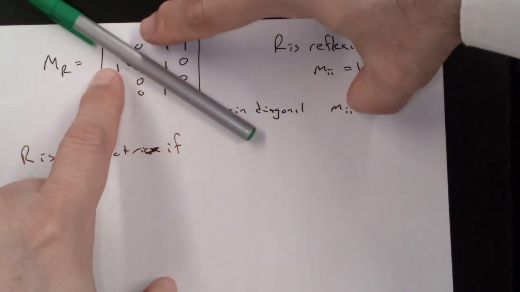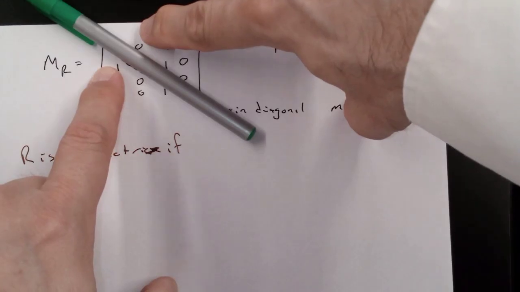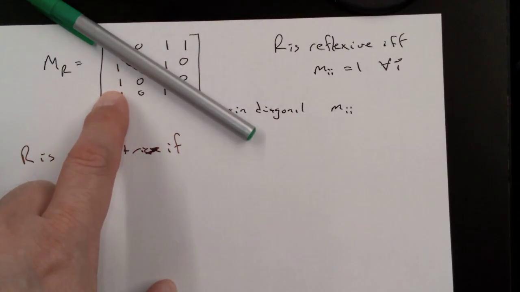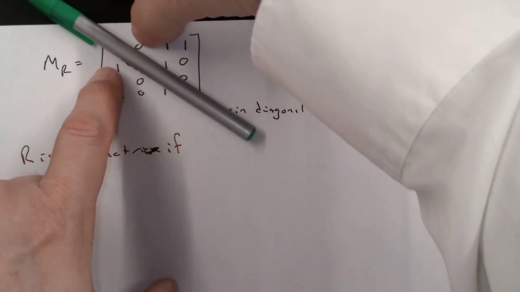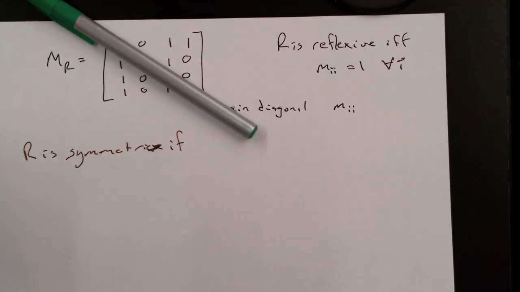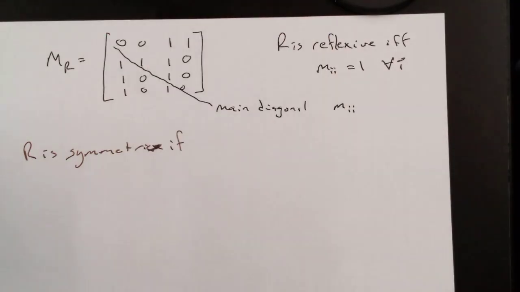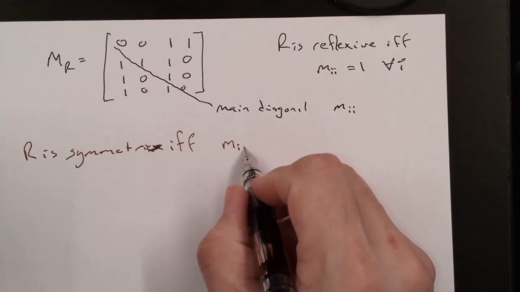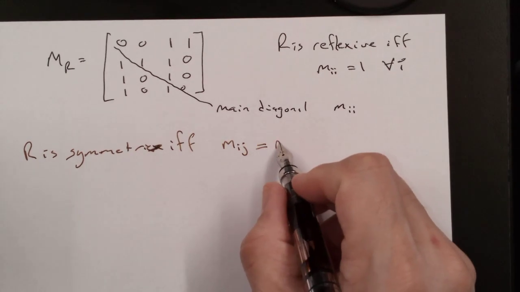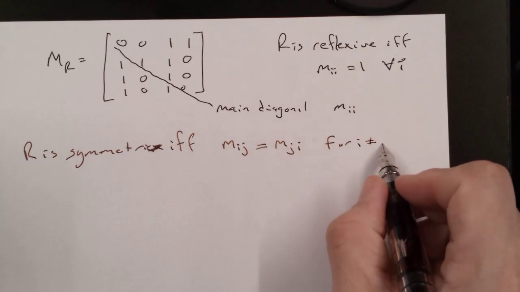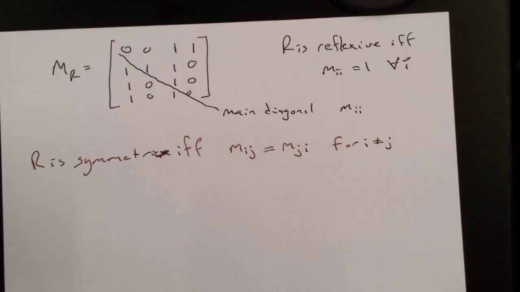If I have 2, 1, I'm going to need 1, 2. If I have 1, 3, I'm going to need 3, 1. So if I ever see a pair that doesn't match, I can stop. It is symmetric if and only if Mij is equal to Mji for i and j different numbers.